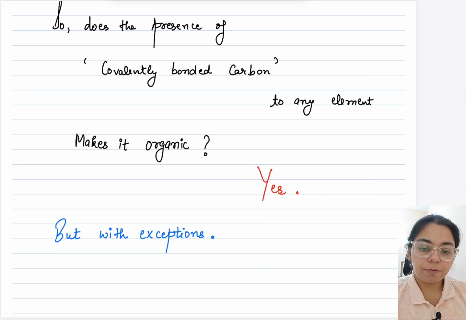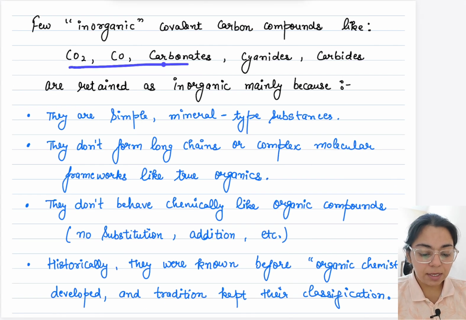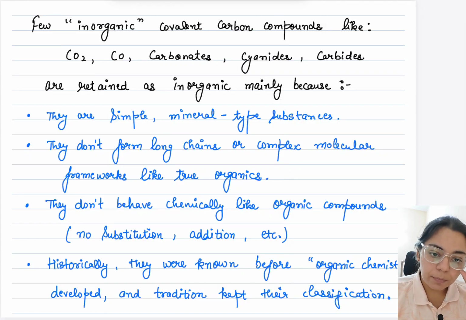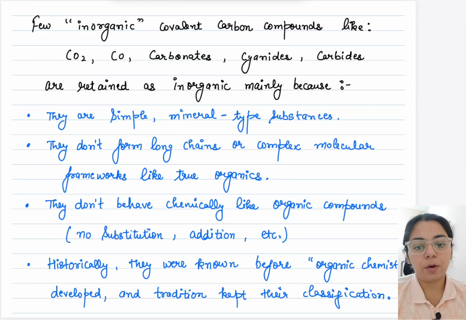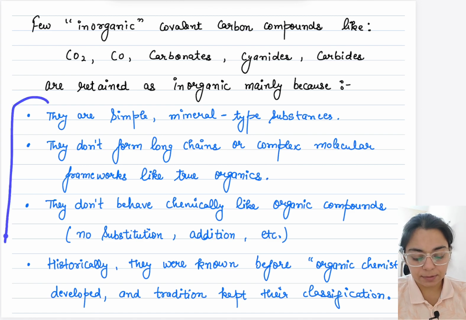So does the presence of covalently bonded carbon to any element make it organic? Yes, but there are exceptions, and these are the same words that we read before. These have all those three properties of being called organic, still they are being called inorganic only, and these are the reasons.